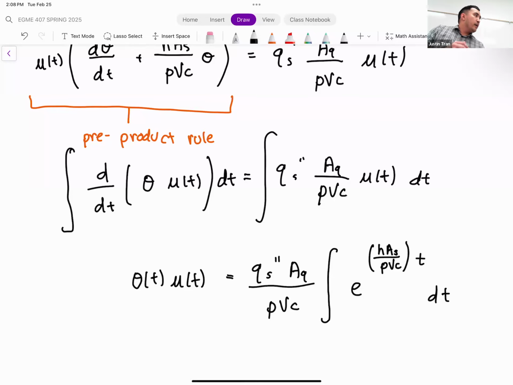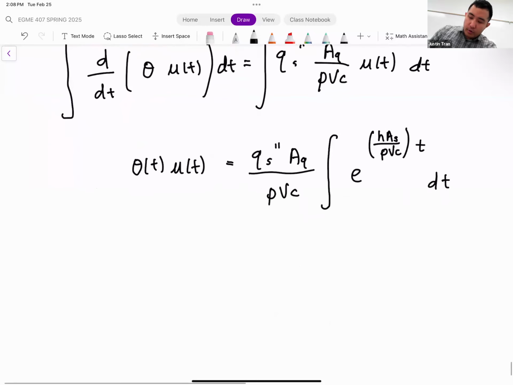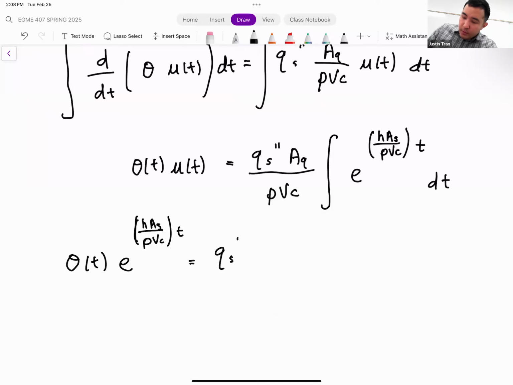At this point, we can plug in the integrating factor on the left-hand side too. And then on the right-hand side, let's evaluate that integral. I'm just going to take the exponent and divide by it. So on the left-hand side, we have theta of t multiplied by e raised to the hAs over rho VC times t, which is equal to Qs double prime times Aq divided by rho VC.